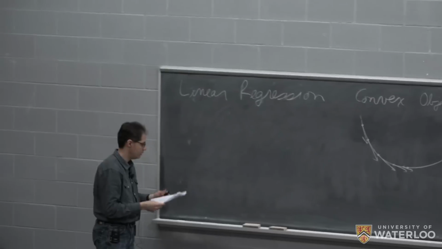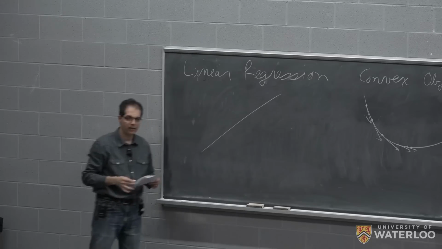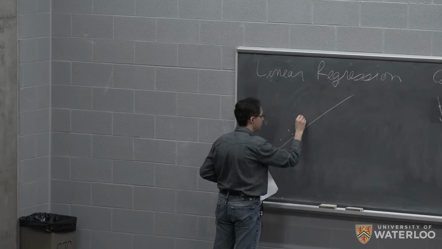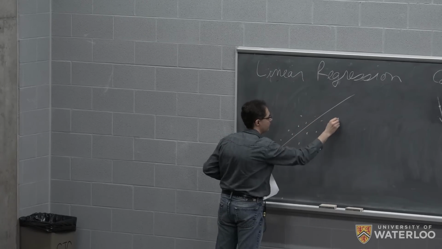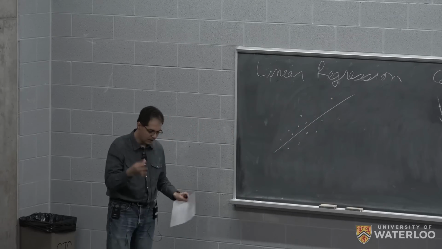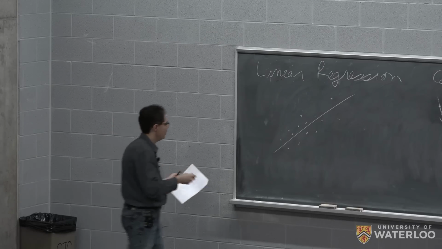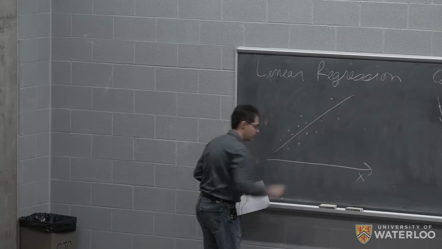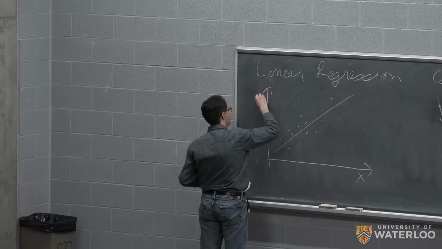Okay, so I'm going to redraw what I had here. Let's say that this is the line that we find, and that I've got some data points around the line like this. The idea is that when I find a line that minimizes the objective that we talked about, we can imagine that for this line, the inputs correspond to the x-axis, and the output would correspond to the y-axis.